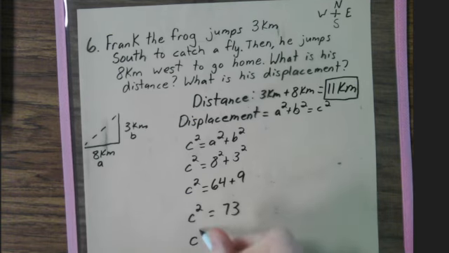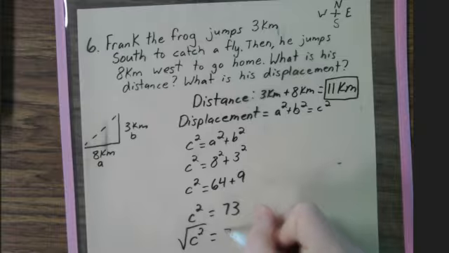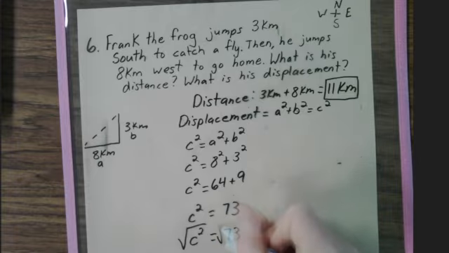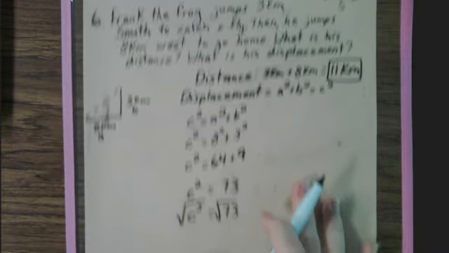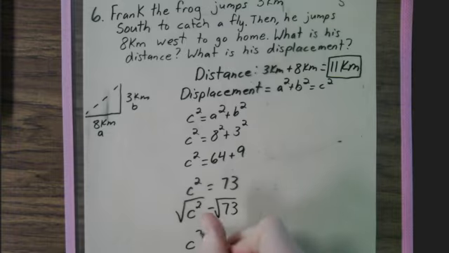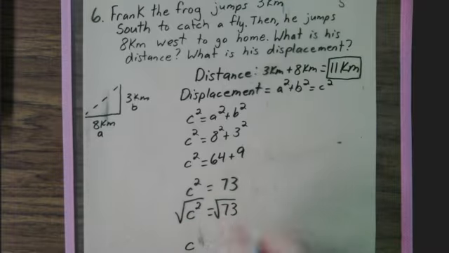To get c by itself, we have to do the opposite of squaring, which is square root. So c squared, square root, but what we do to one side, we have to do to the other. So the square root of 73, c is by itself. That is equal to 8.54400.